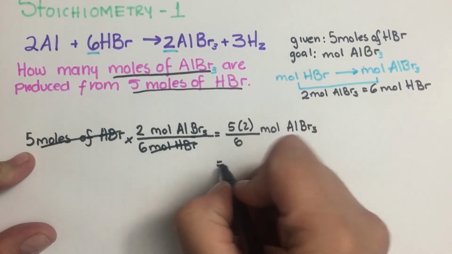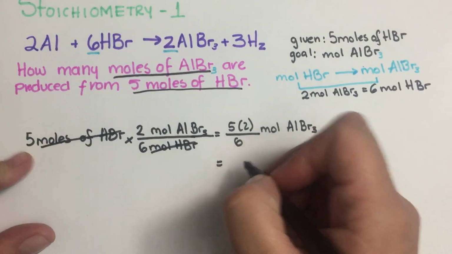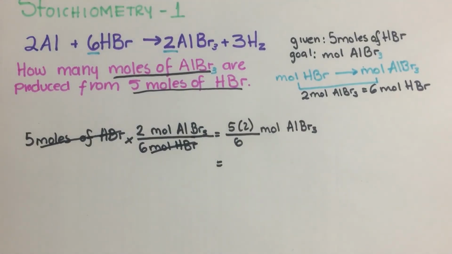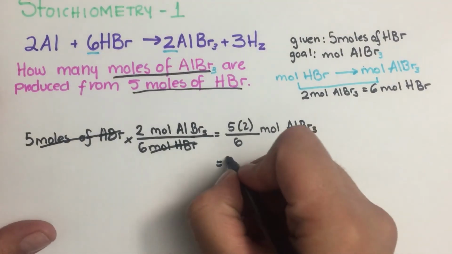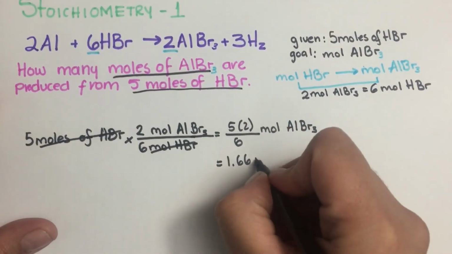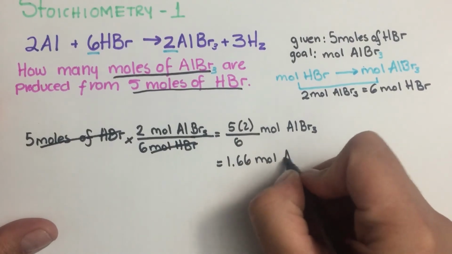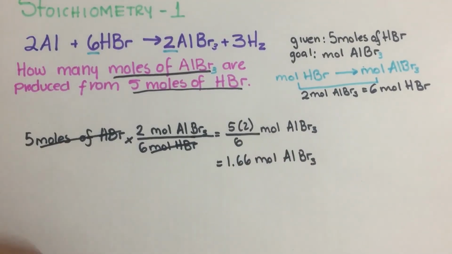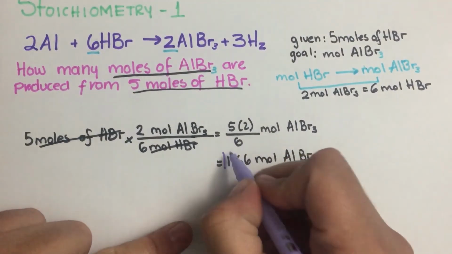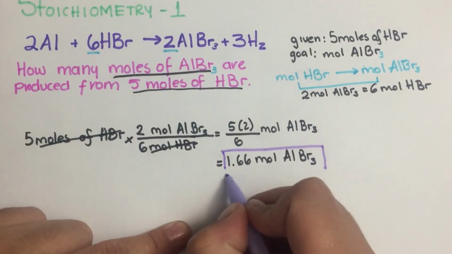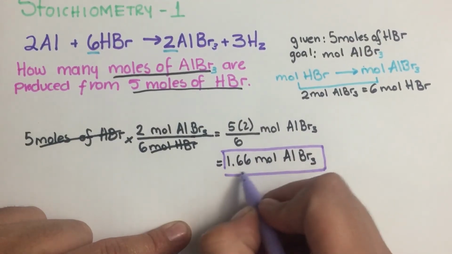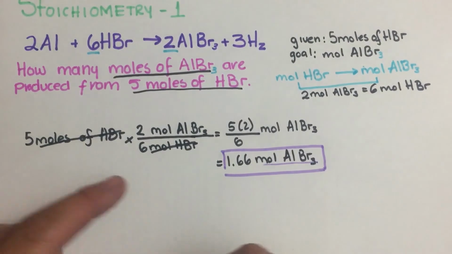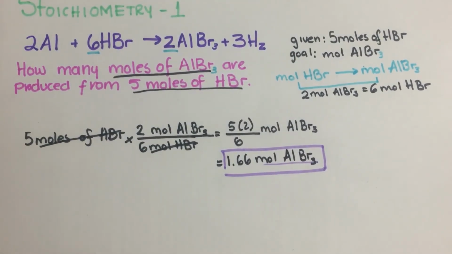The numerical form of this is 10 over 6, which would be 1.66 moles of aluminum bromide. You always make sure you highlight your final product. In order for a product to be correct, you must include the number and your units: moles of aluminum bromide.